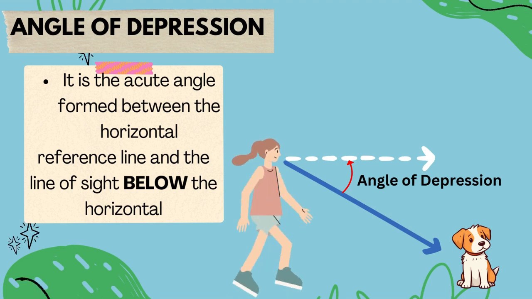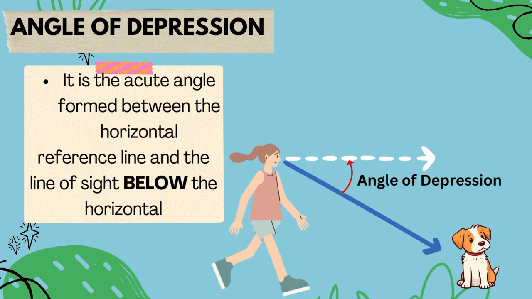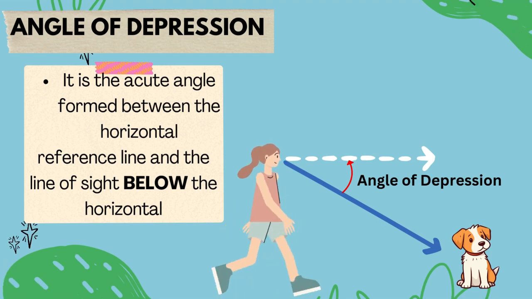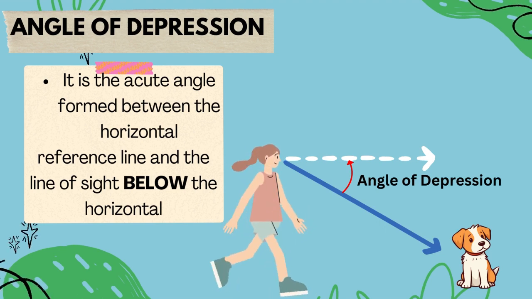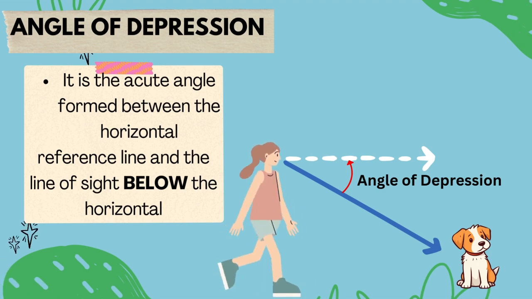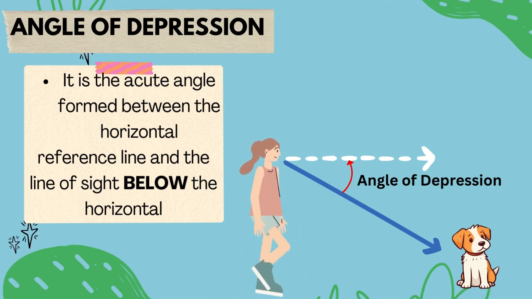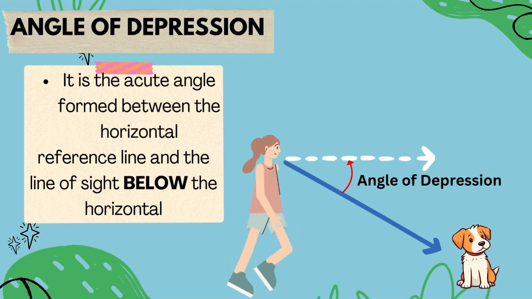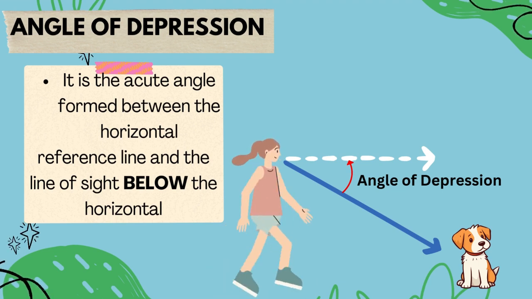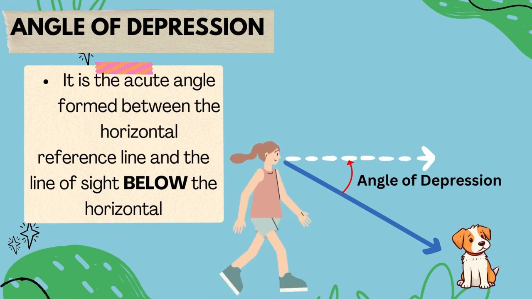Now let's proceed to the angle of depression. Angle of depression is defined as the acute angle formed between the horizontal line of sight and the line of sight below the horizontal. Again, suppose this is our observer, and we draw a horizontal line of sight from the eye of the observer, which is the boy, and from the eye of the observer to the object, which is the dog, we produce a line of sight.